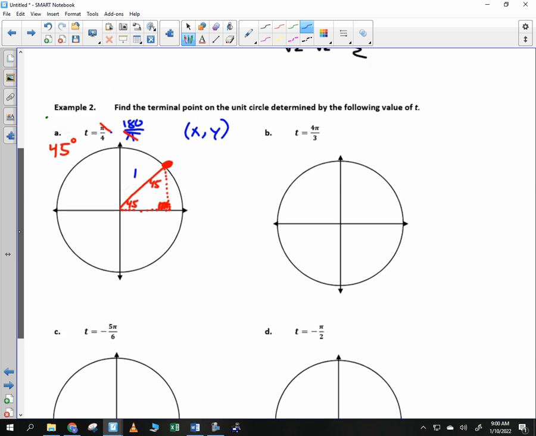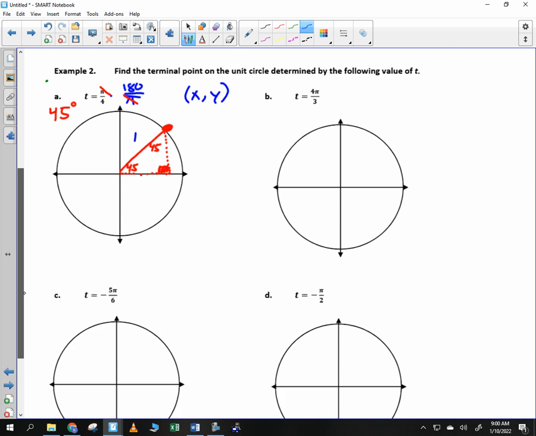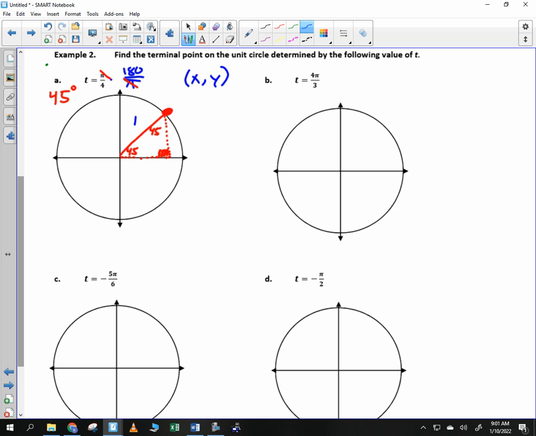So with your 45, 45, 90, if you're given the hypotenuse, what did you do in order to get the other side? We divided by the square root of 2. So in order to go from here to here, you have to divide by the square root of 2.